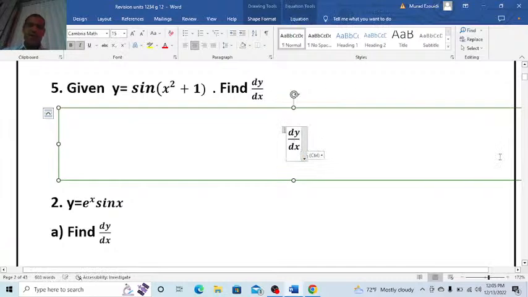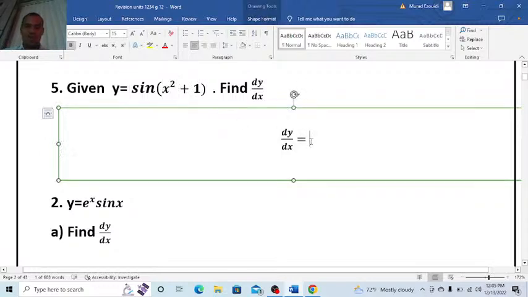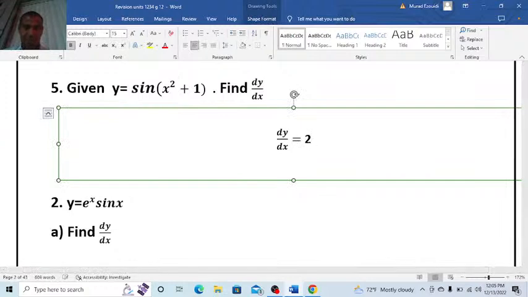So dy with respect to x is equal to, first of all you should differentiate your function x square plus 1. So the first derivative of x square is 2x. The first derivative of a constant is 0. Therefore I will write 2x.